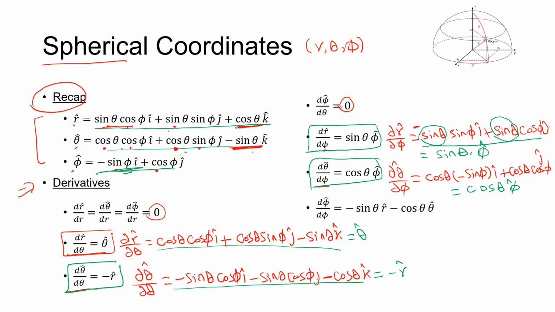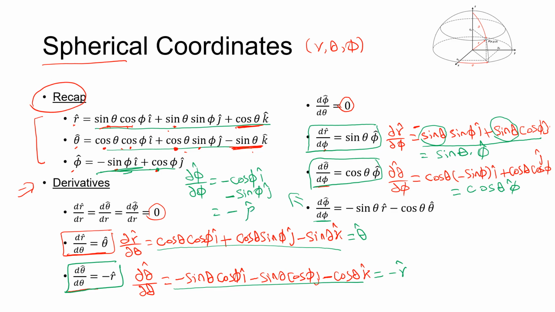The final one is the differentiation of the unit vector phi with respect to phi. Let's do it at this point. We have partial phi by partial phi equal to minus cosine phi in the i direction. We have another minus, which is a result of the differentiation of cosine, so you will get minus sine phi in the j direction, and this one is actually just minus rho.